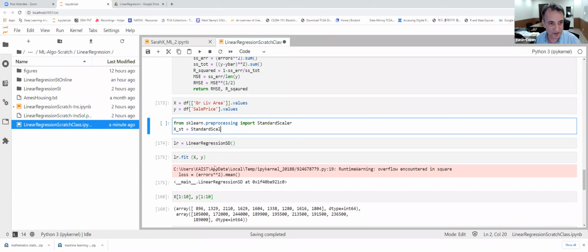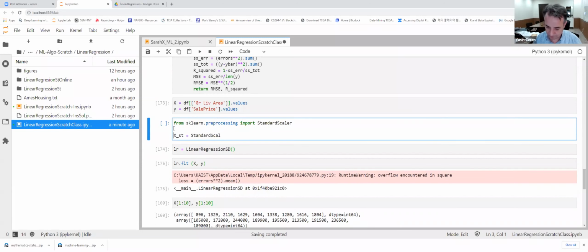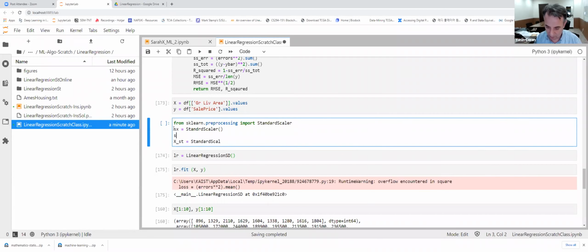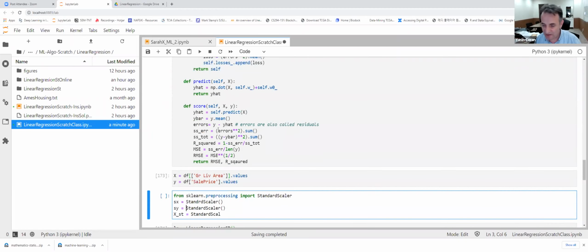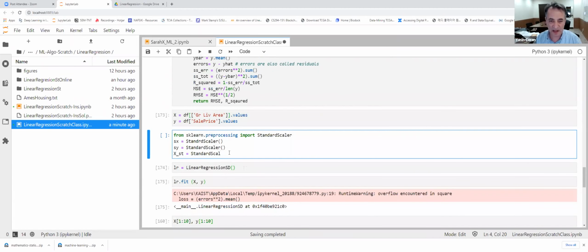Let me call StandardScaler twice: a standard scaler for X and a standard scaler for Y. I'm just bringing the numbers into a smaller range, because when I work with big numbers I'm getting this error. I can fix it, but that's beyond the scope, so we don't want to deal with that now.